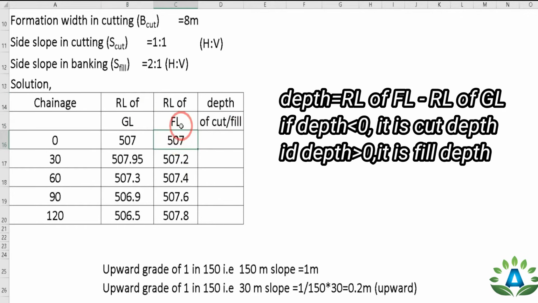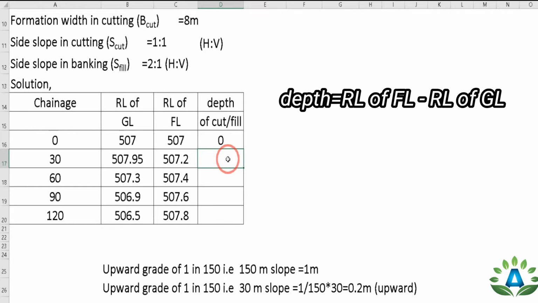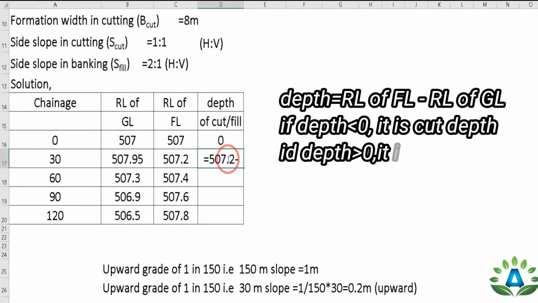Here the RL of FL is 507 and the RL of ground level is 507, so we get 0. Whereas at chainage 30 we have the RL of formation level as 507.2 and the RL of ground level as 507.95, so we get minus 0.75. Here it is negative, so it is cut.